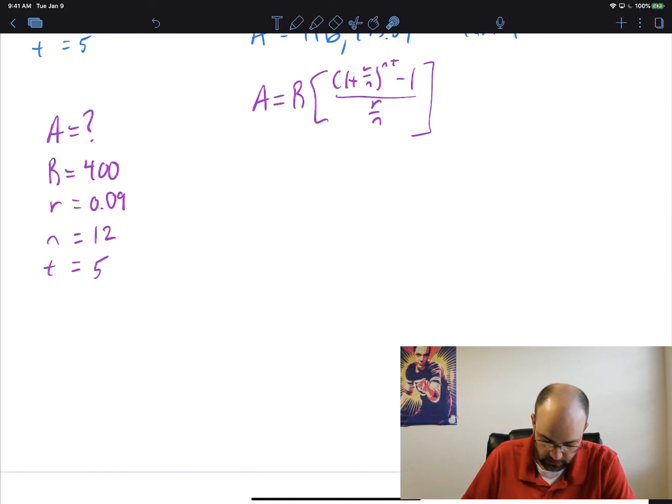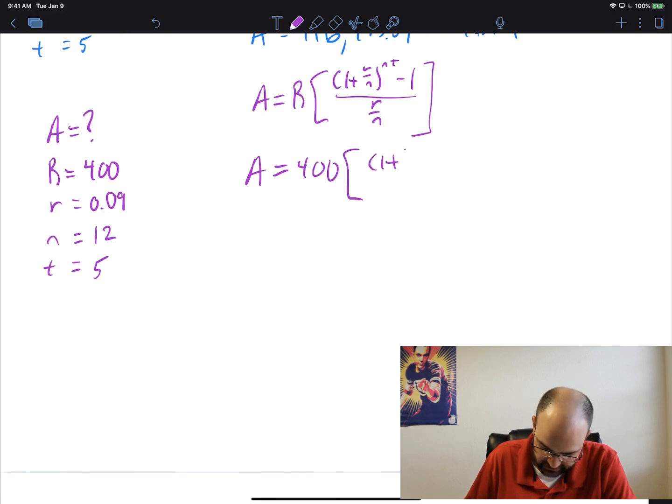Okay, so let's plug this information in. So that means that A is going to be 400 parentheses 1 plus 0.09 over 12 all to the 12 times 5 minus 1 all over 0.09 over 12.